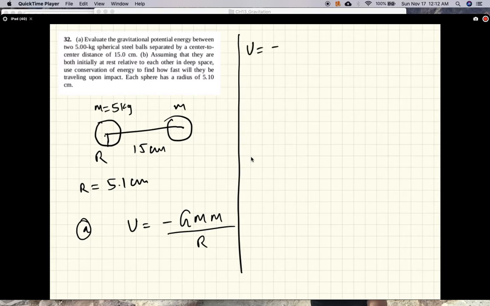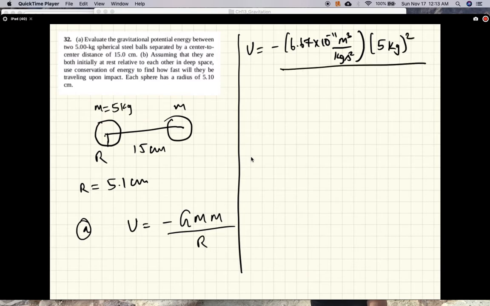Potential energy is minus 6.67 times 10 to the minus 11 meter cubed per kg second squared. Their masses are 5 kg each, squared, and the radius is 15 centimeters, the center to center distance. And we'll convert that into meters.